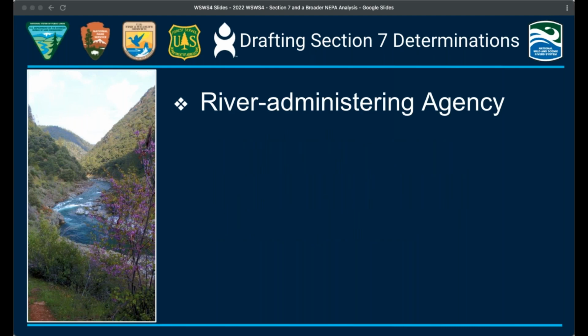It is the responsibility of the river administering agency to make the section 7 determination. The agency can rely on the interdisciplinary team, contractors, and partners to gather the information, complete the analysis, and create the documentation.